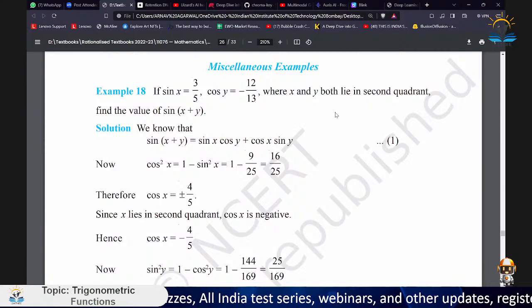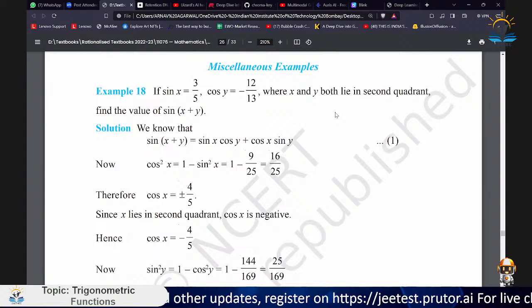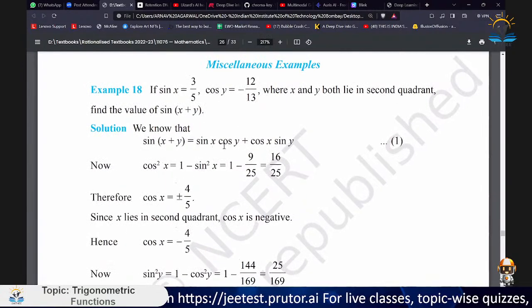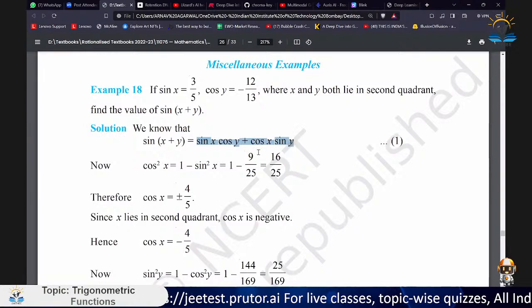If you could solve it in 1 minute, it would have been good, right? Okay, so let's start. Sin (x plus y), we know, is sin x cos y plus cos x sin y.